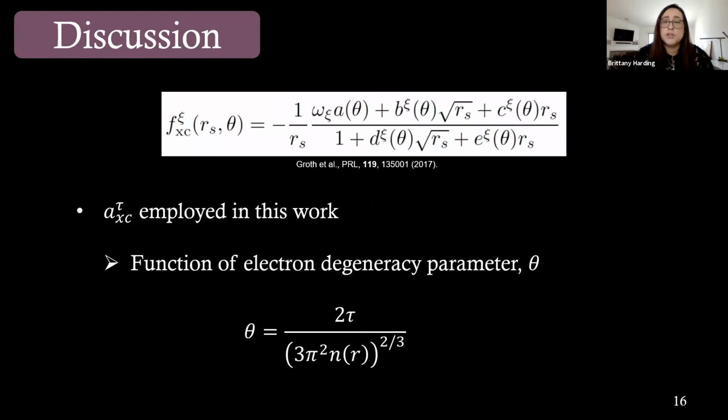So the function employed in the Groth parameterization is a Pade function, and this is indeed the AXC employed in this work. And I wanted to put some focus on the electron degeneracy parameter theta. We can see that the function used here for the exchange correlation free energy is a function of this electron degeneracy parameter, which not only depends on temperature, but as we can see, also depends on density.